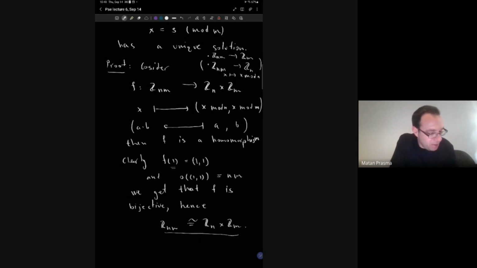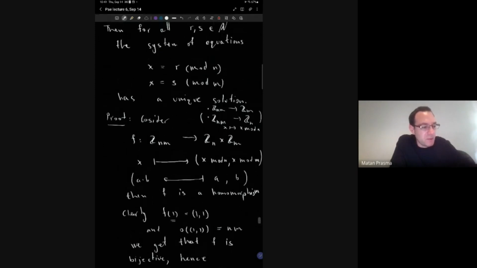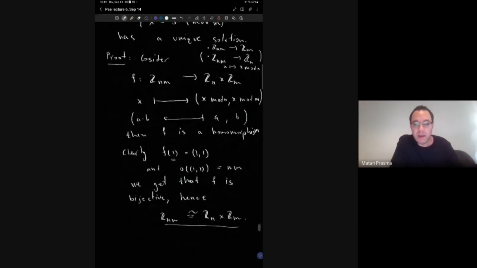We knew that these two groups are isomorphic, but we didn't have a concrete isomorphism. And now that we have a concrete isomorphism, we can solve this system of equations.